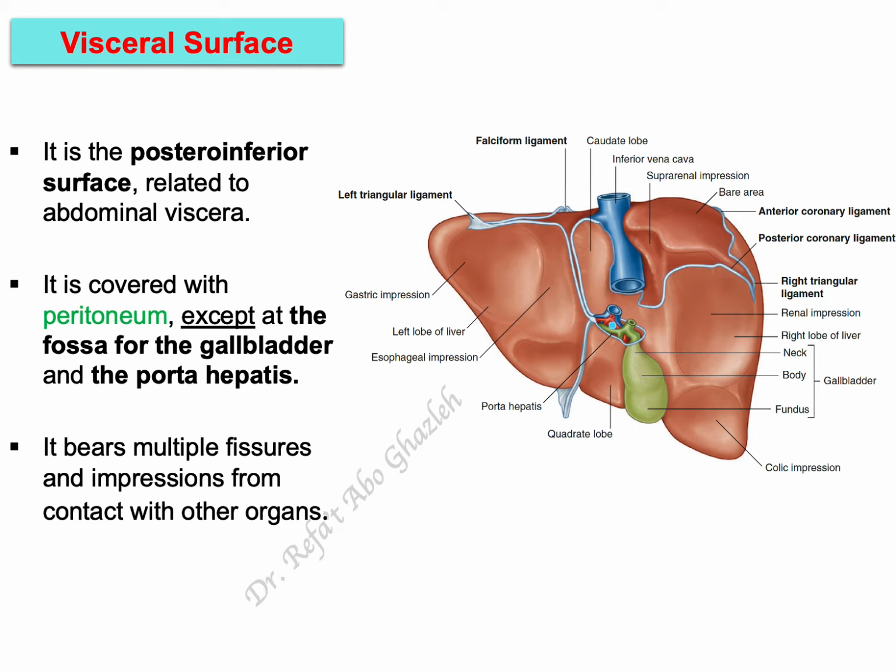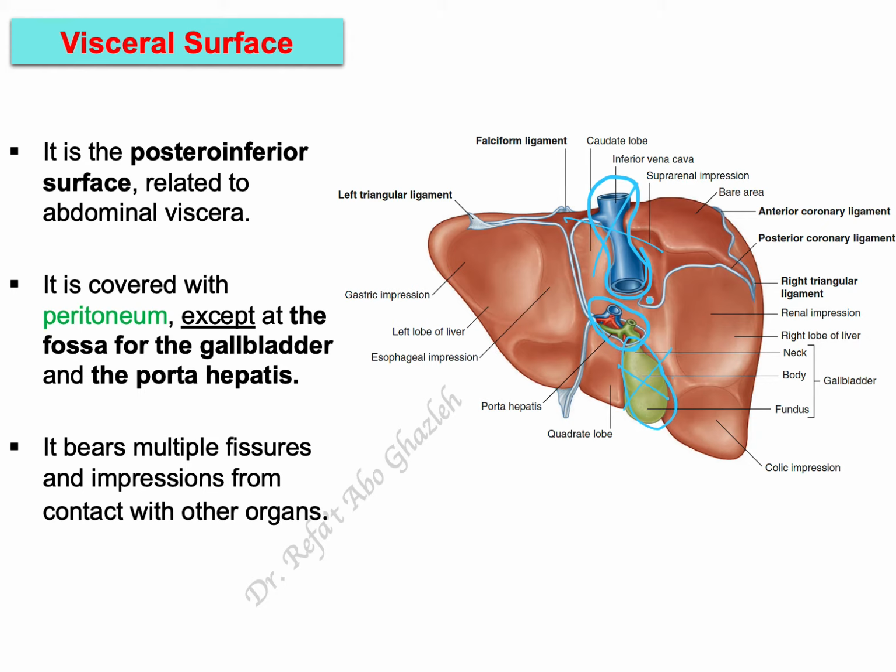Look at this. The fossa for the gallbladder is not covered by peritoneum. This groove for the inferior vena cava is also not covered by peritoneum, and this part, which is called the porta hepatis, the hilum of the liver, is also not covered by peritoneum.